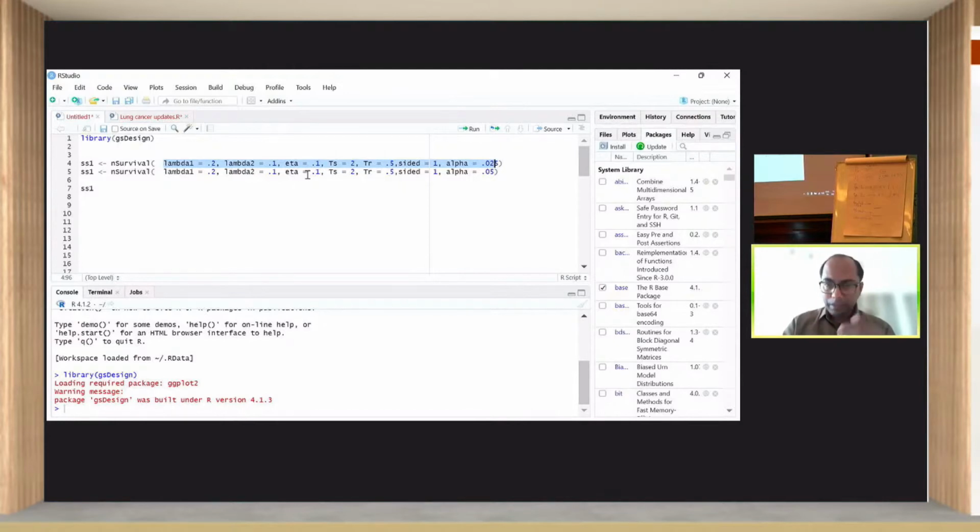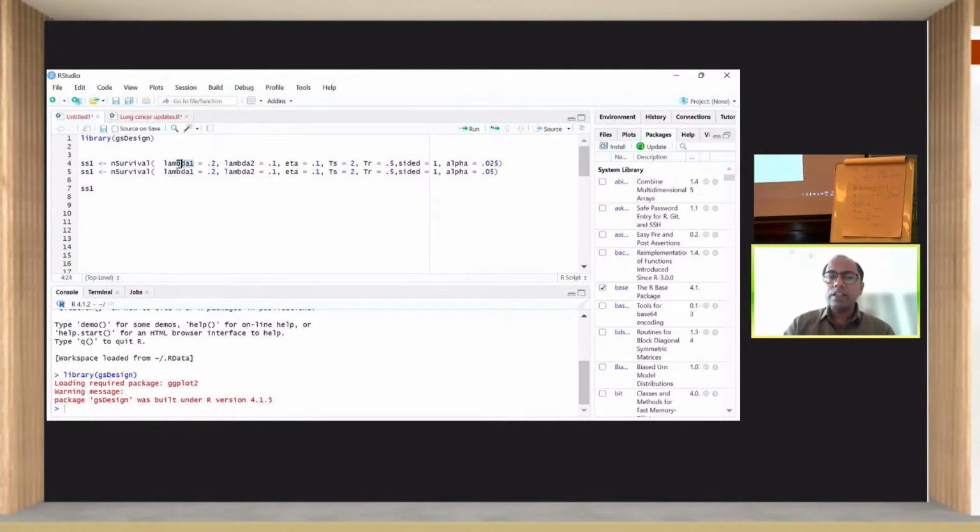In mathematical or statistical methodology books, people consider the hazard rate mathematically as lambda. So here you will see two names given: one is called lambda 1 and the other is lambda 2.